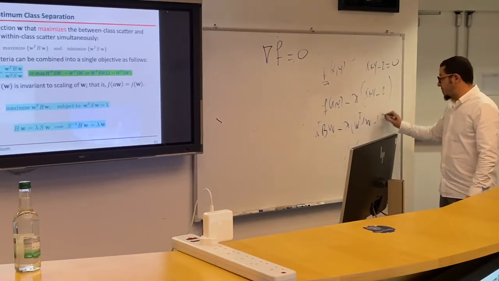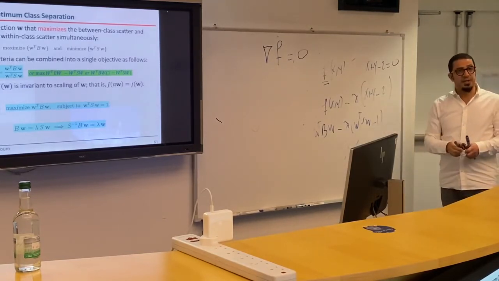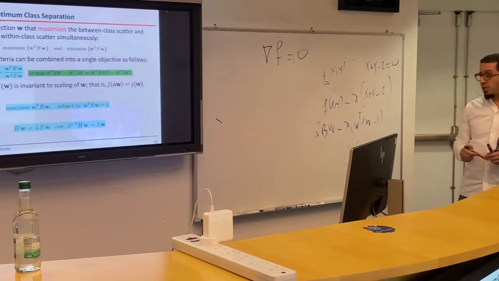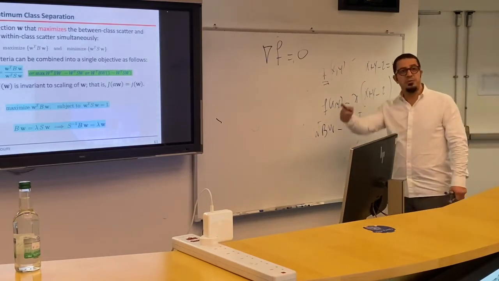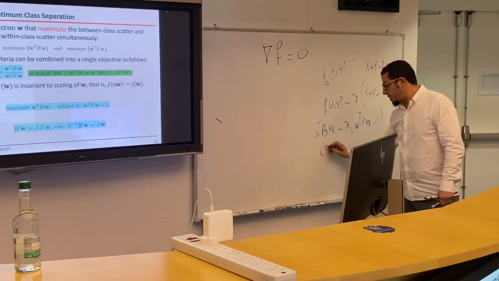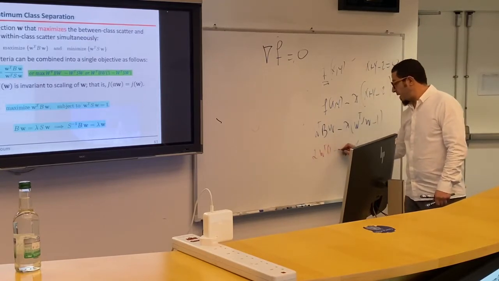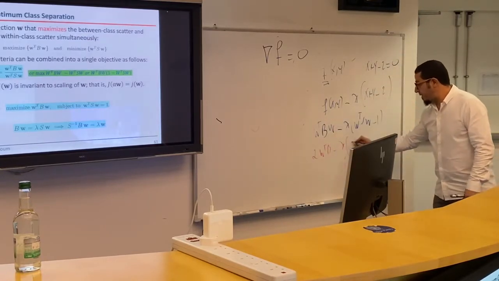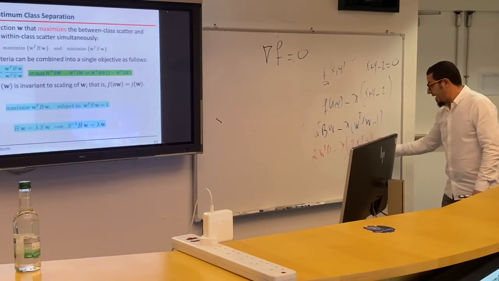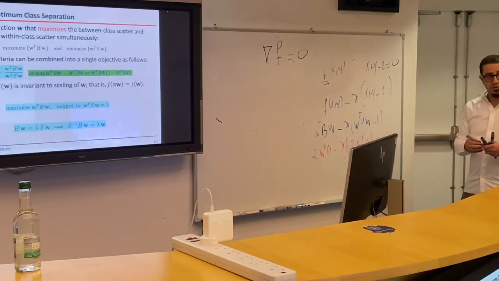S W minus 1, right? If we do the derivative, we can find the last equation. What is the derivative of this one, as we did just now? W^T B times 2 minus lambda, the same thing here, 2 W^T S should be equal to 0, right?